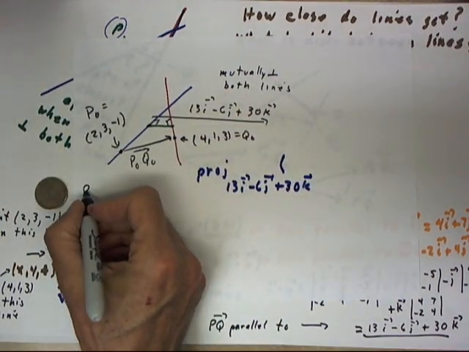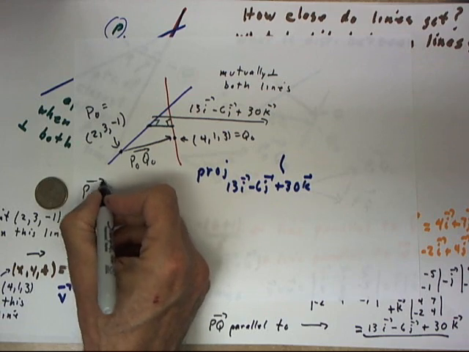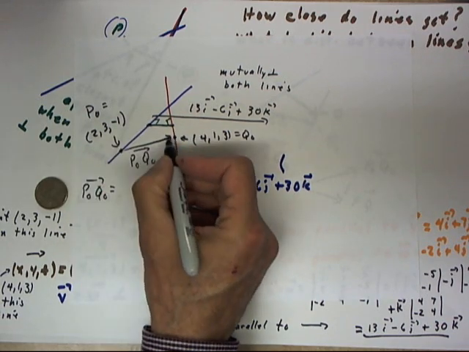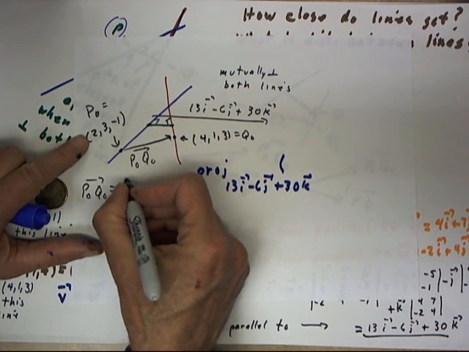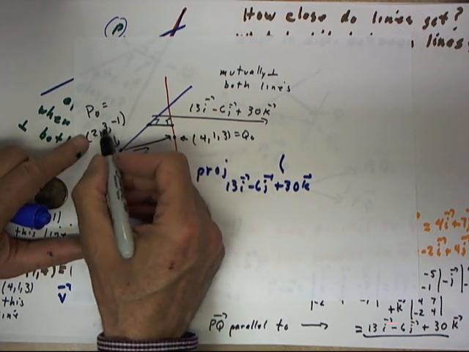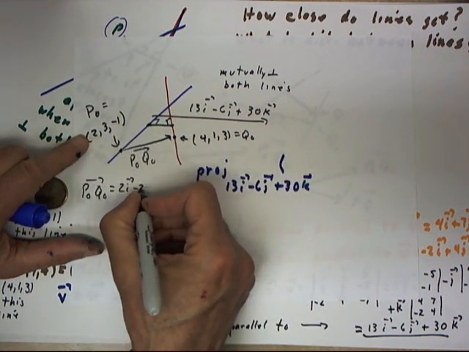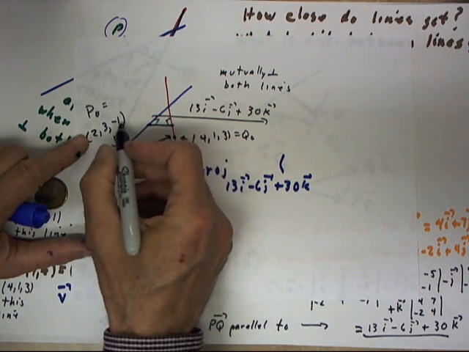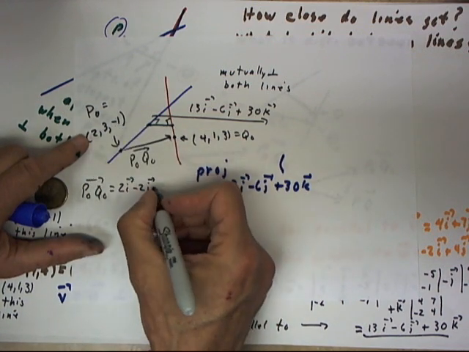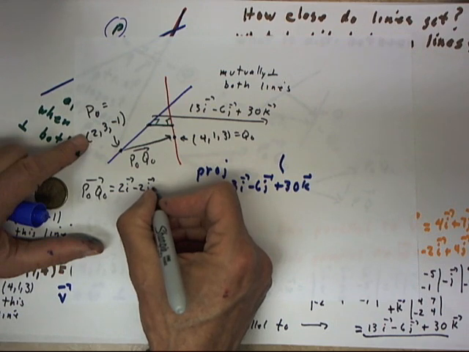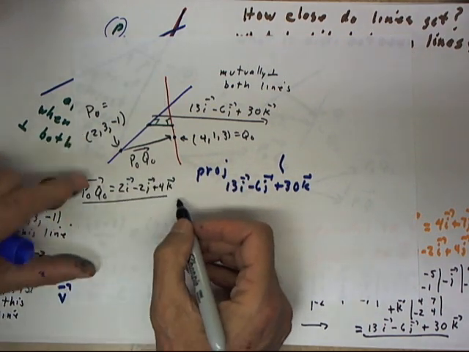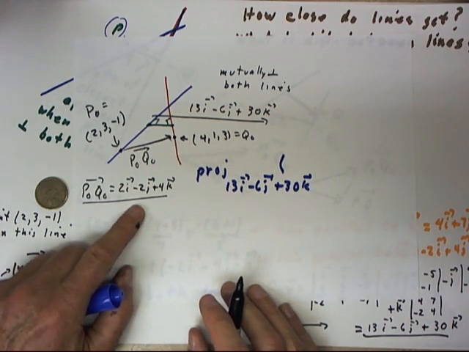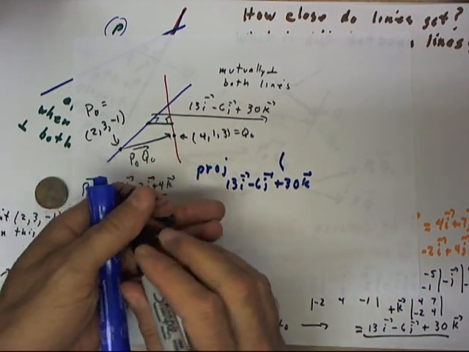Okay, P0Q0 is the vector from here to here. The x displacement from 2 to 4 is 2, so that's 2i. From 3 to 1 is negative 2, so that's negative 2j. And from minus 1 to 3 is 4. So P0Q0 is the vector 2i minus 2j plus 4k.